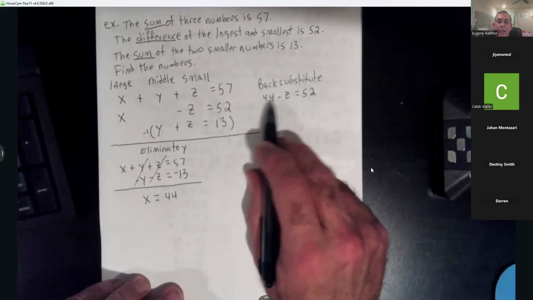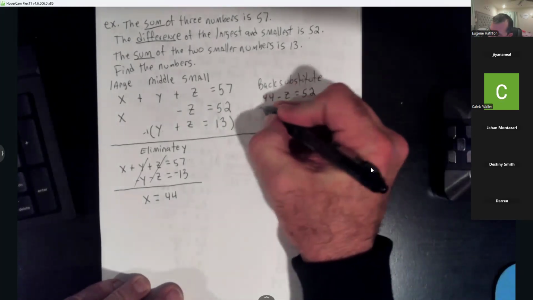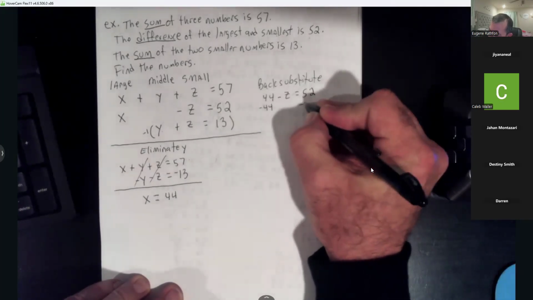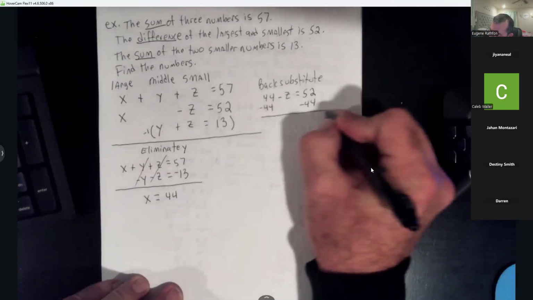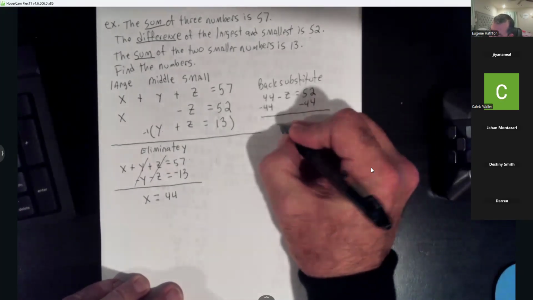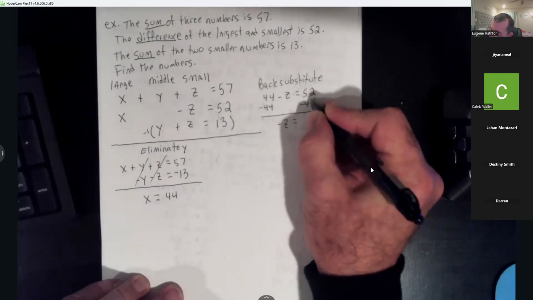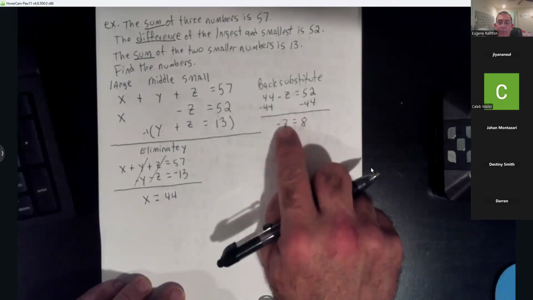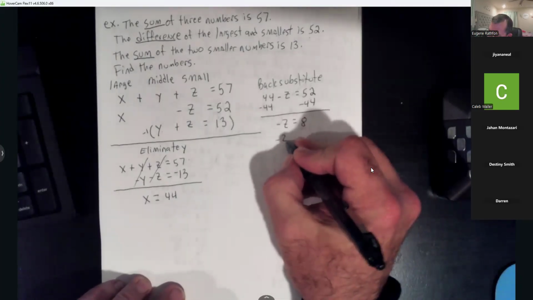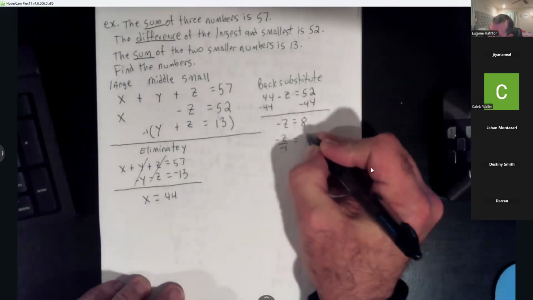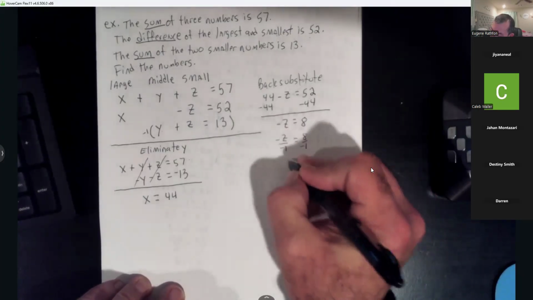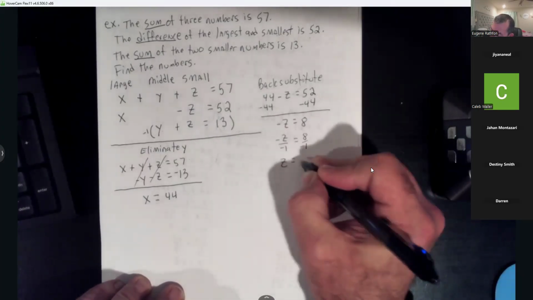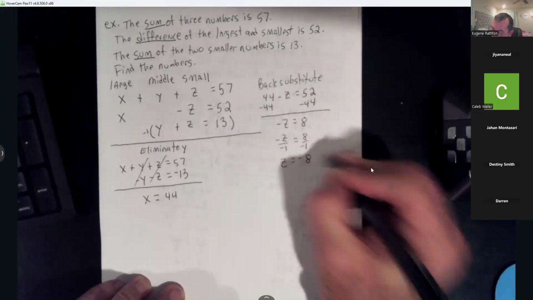So solving that for z, I'm going to subtract my 44. Well, that'll cancel. I get negative z equals 8. And y'all, let's make z positive by dividing by negative 1. So that gives me a positive z equal to a negative 8.